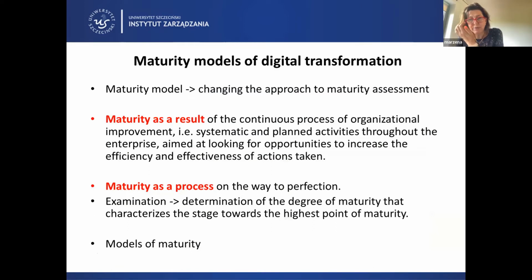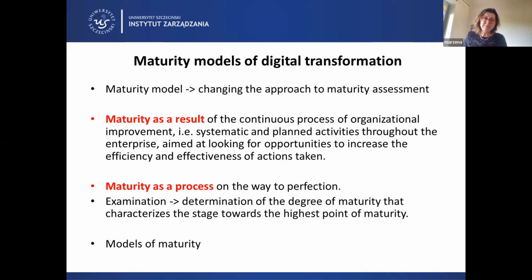But also for the companies, what kind of help can we give them with this complex and demanding process of digital transformation? There are also maturity models of digital transformation. What is important now is that a maturity model is not assessing a result.